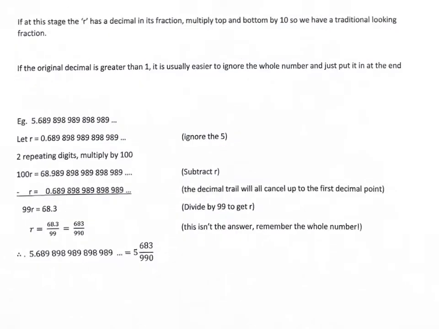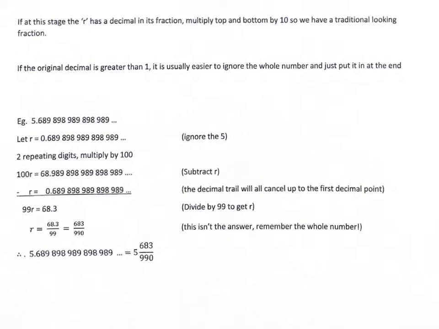If R at this stage in the fraction had a decimal inside it, we'd multiply top and bottom by 10 so that it removes the decimal. If there were a couple of decimal places, you'd multiply top and bottom by 100, and so on. And if the original decimal is greater than 1, it's easier to ignore that whole number at the start and just deal with the decimal part, as we'll see in the next example.